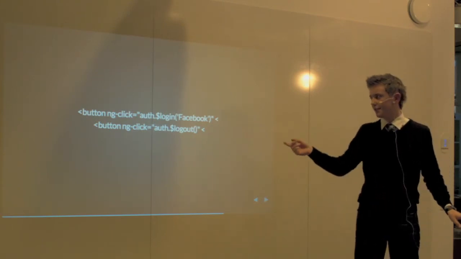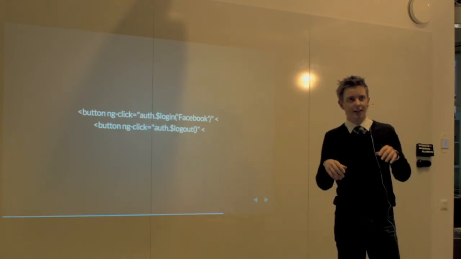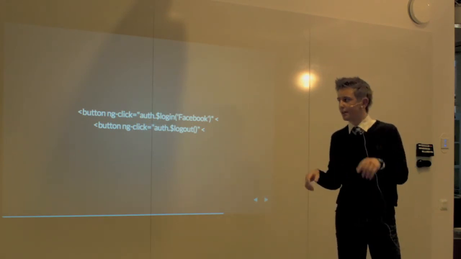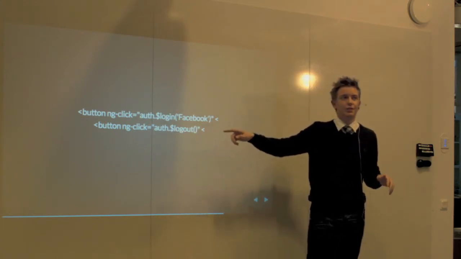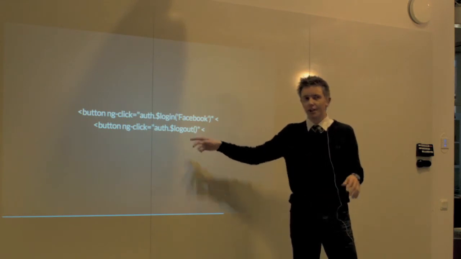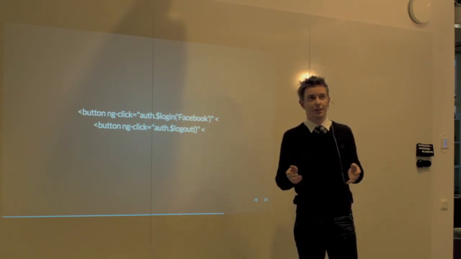That would log into your Facebook, and it would make a new user in the auth scope. It would make a username, a display name, and such. So you have the reference for when you save data to Firebase.